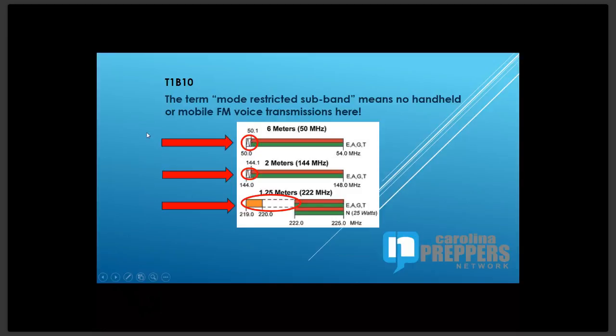If you were using voice there, you would be causing willful interference. Whereas it's potentially possible that you could do digital in the voice area, just find an area for it, and nobody's really going to jump on you for doing that, but just understand that you're probably going to be susceptible to interference. Same with 2 meter, and the same with 220.